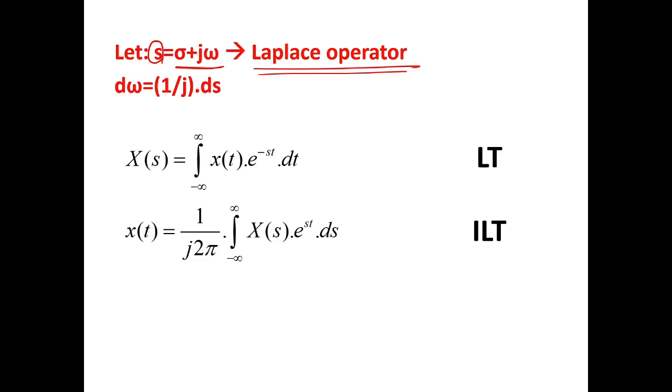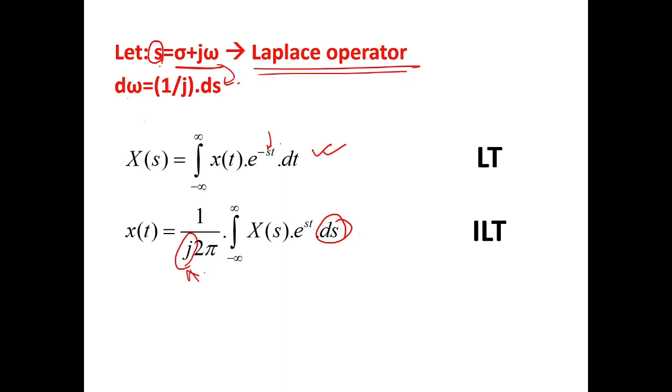And if you do the differentiation over here, you get d omega equals 1 by j ds. If you go back and look at the Laplace transform, there is no such issue; you can just directly change to s and put it over here. However, in the inverse Laplace transform, since d omega is equal to 1 by j ds, d omega has been replaced and this extra j has been put in.